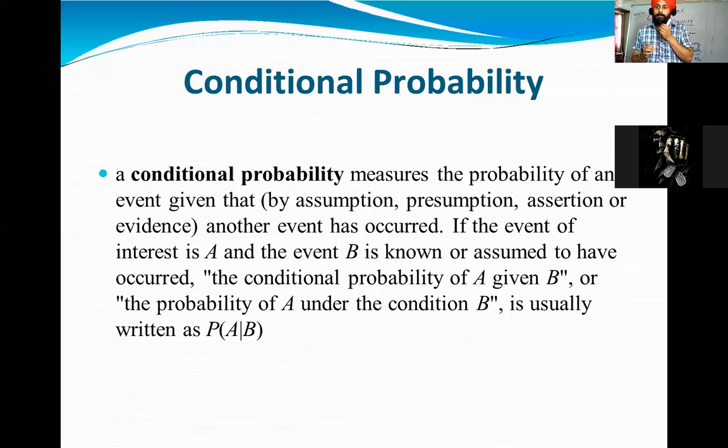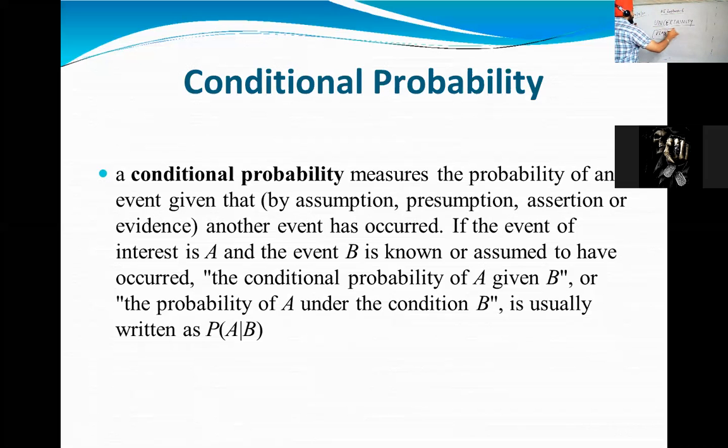If the event of interest is A and the event B is known or assumed to have occurred, then it is the conditional probability of A given B. The probability of A under the condition B is written as P(A|B). It is the probability that event A will occur if event B has already occurred. This is the conditional probability.